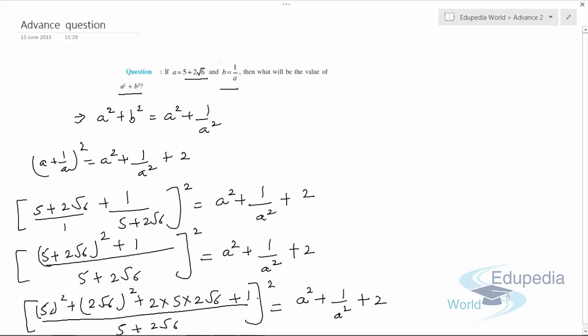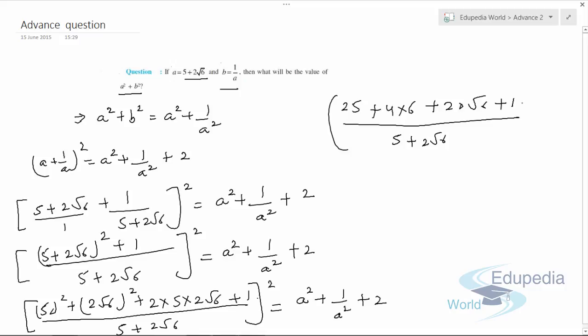Now this can be further written as 5 square is 25, (2 under root 6) square is 4 into 6, plus 2 into 5 into 2 is 20 under root 6, plus 1 upon (5 plus 2 under root 6) whole square equals a square plus 1 by a square plus 2.